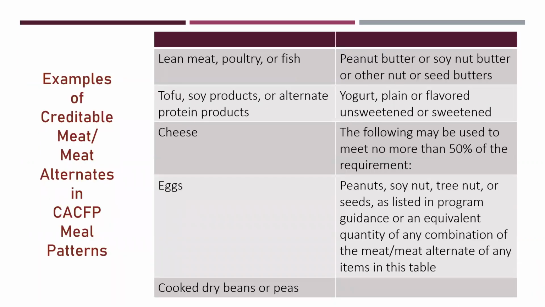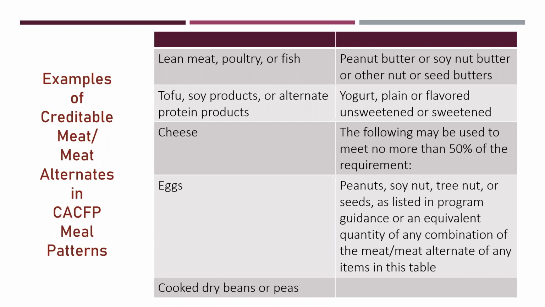Here are examples of creditable meat alternates in CACFP meal patterns. You can serve lean meat, poultry or fish, tofu, soy products or alternate protein products, cheese, eggs, dry cooked beans or peas, peanut butter or soy nut butter or other nut or seed butters, yogurt, plain or flavored, unsweetened or sweetened.